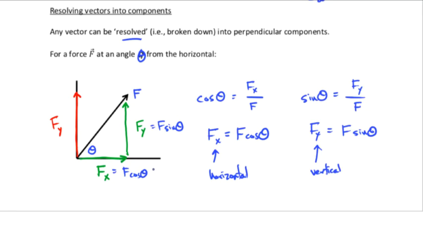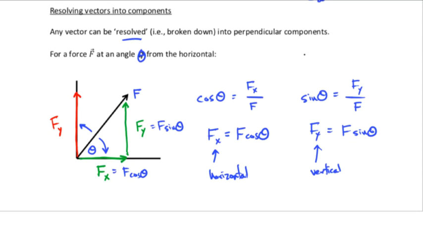So that's how you decompose these into components. I often remember that cos collapses the hypotenuse of the right triangle onto the side. So cos collapses if this is the angle I'm collapsing this way, and sine swings me away from the angle in that direction. That's just a little mnemonic that I use. So that's resolving vectors into components.